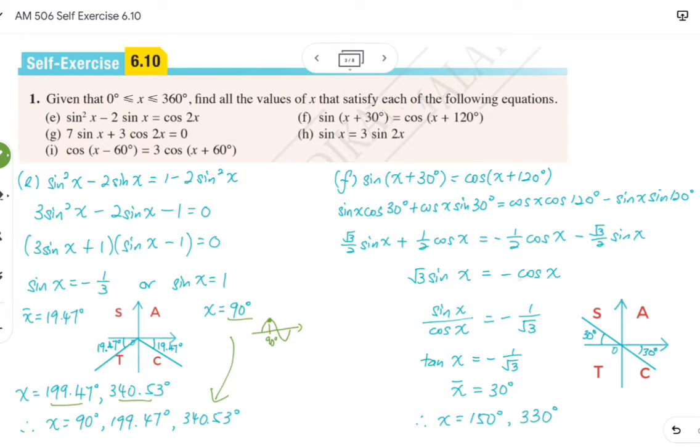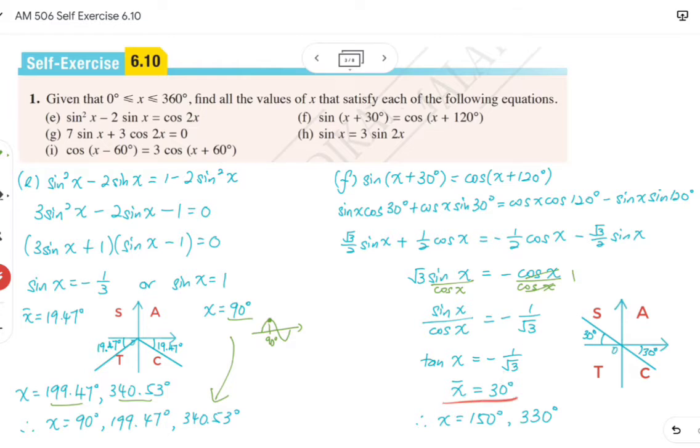After we divide cosine on both sides, the right hand side will become negative 1. And the root 3 on the left will be moved to the right, becoming a divide. There we have tangent x equals negative 1 over root 3, for which the reference angle is arctangent of 1 over root 3.